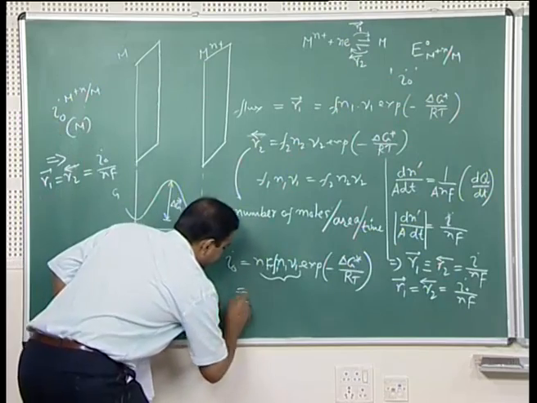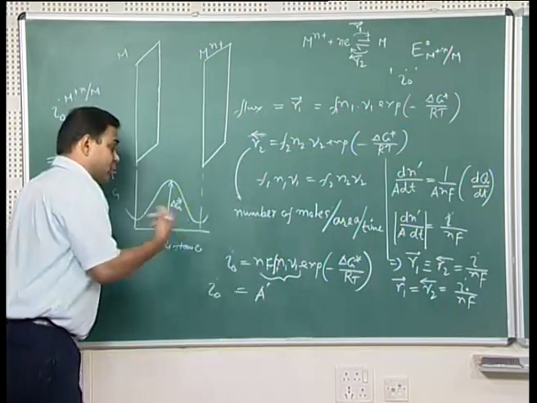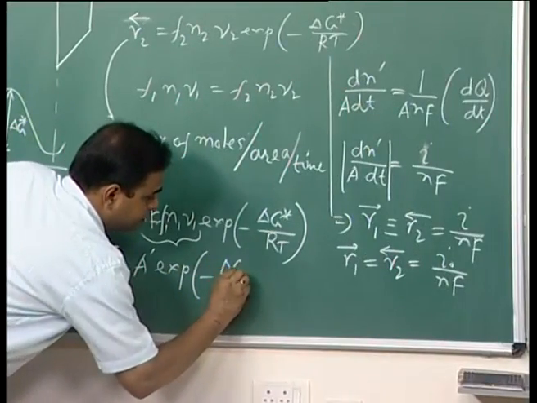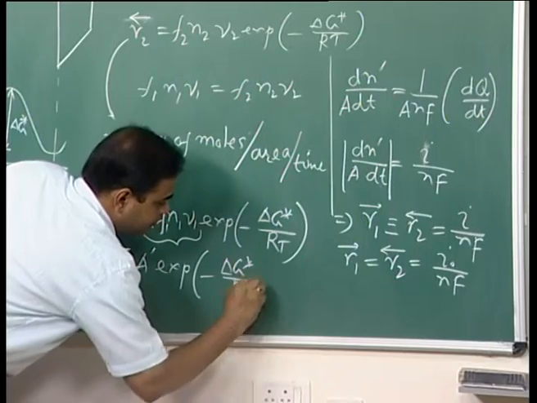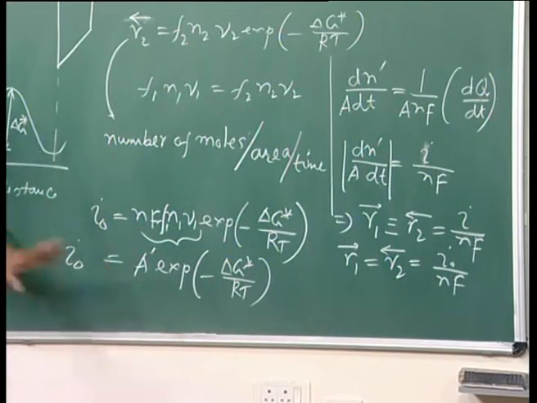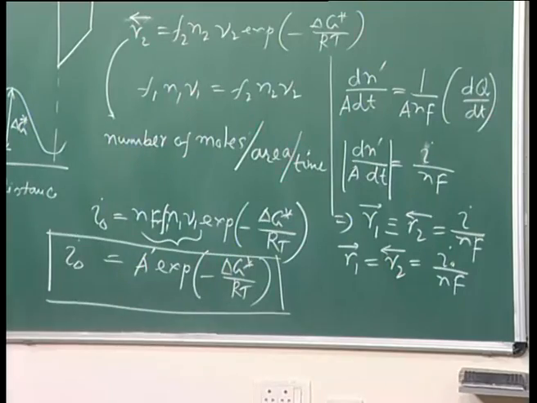So, now we can say that I0 is nothing but A dash, which we will consider as a constant. All the things are included in this A dash. So, I can have a good relation for this exchange current density.